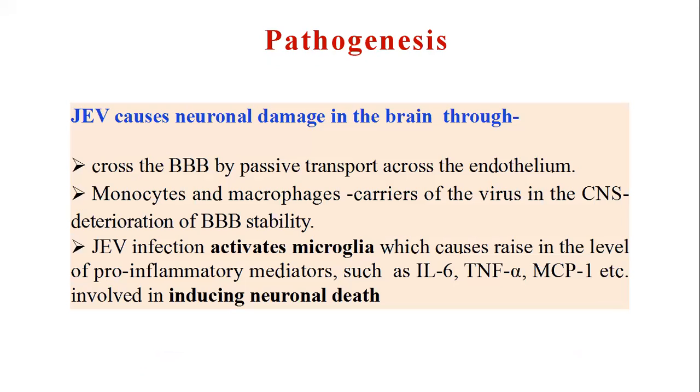So JE virus infection activates microglia, which causes a rise in the level of pro-inflammatory cytokines such as interleukin 6, tumor necrosis factor alpha, MCP1, etc., involved in inducing neuronal death.